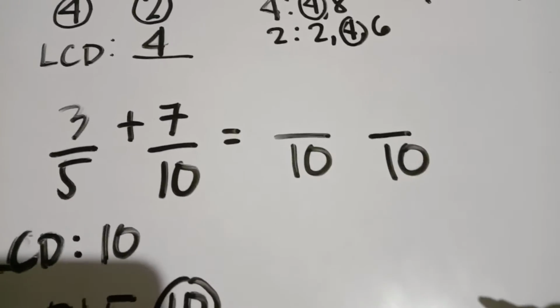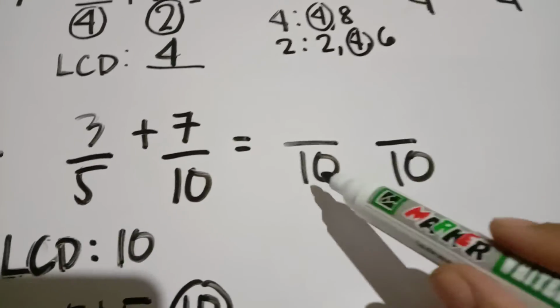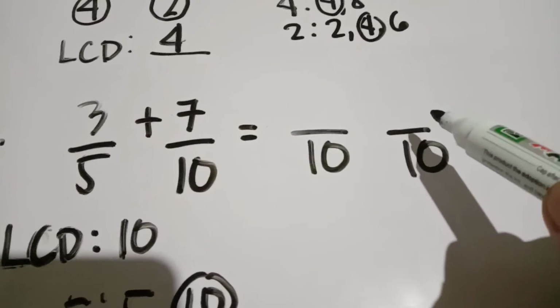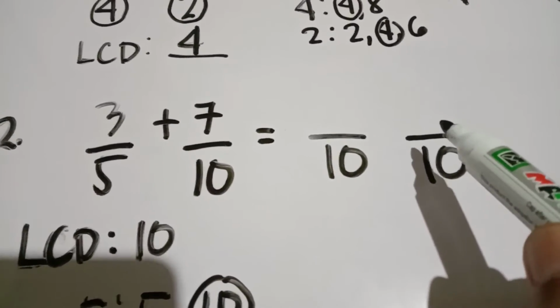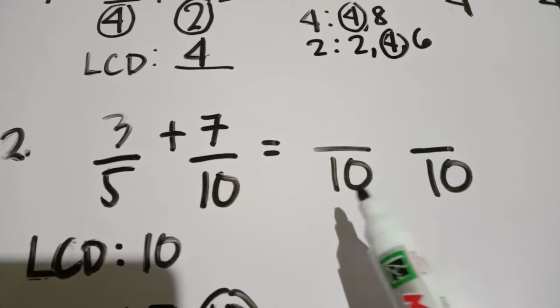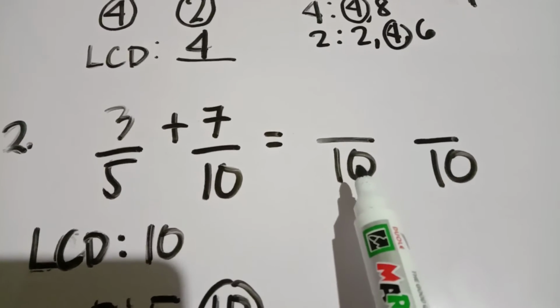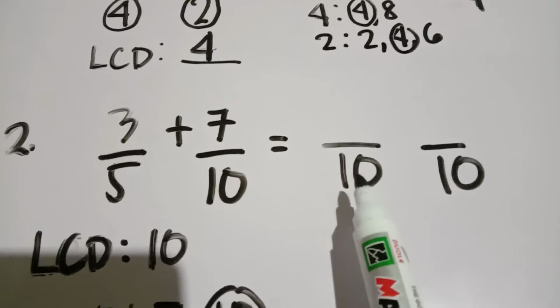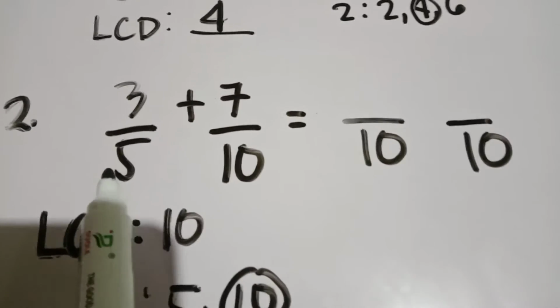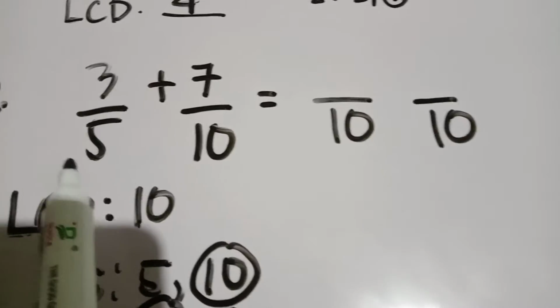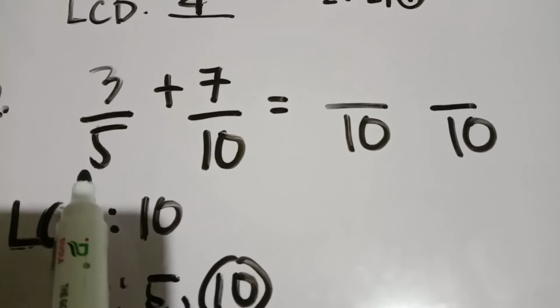Okay. So, next, we will look for the new numerators. Hahanapin natin yung bagong numerators. Okay. So, papaano nga yun? So, we will divide the new denominators by the original denominator.